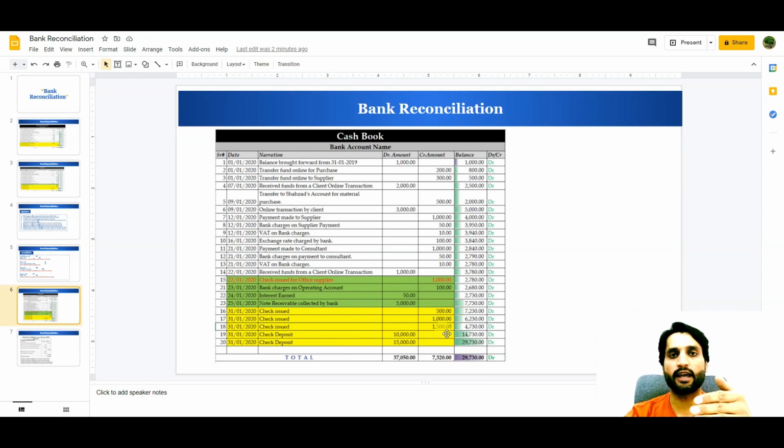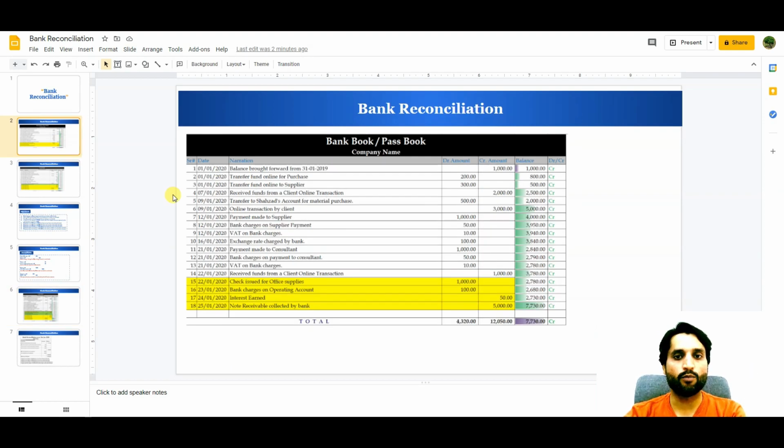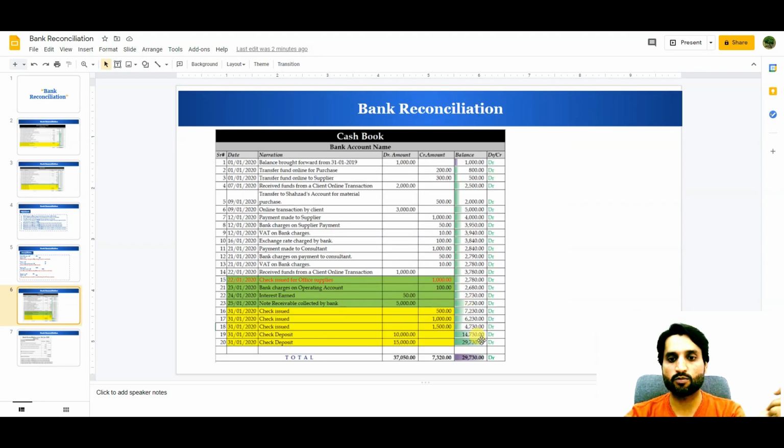So we need to make a bank reconciliation to tally the balances of the bank book and the cash book. Our bank book balance is 7730 and our cash book ending balance is 29730, because we have received some payments and we have paid some checks. Let's move ahead and I will show you the bank reconciliation now.